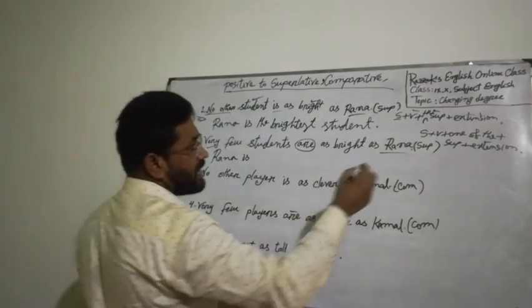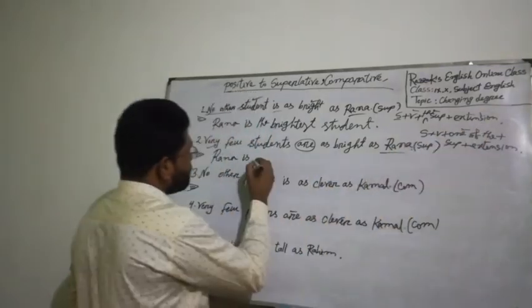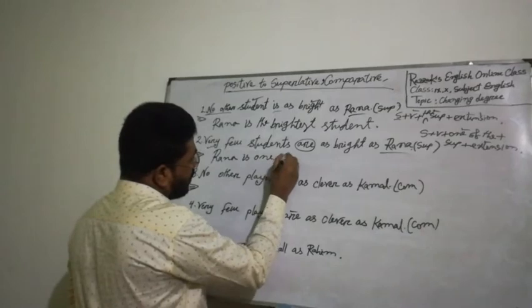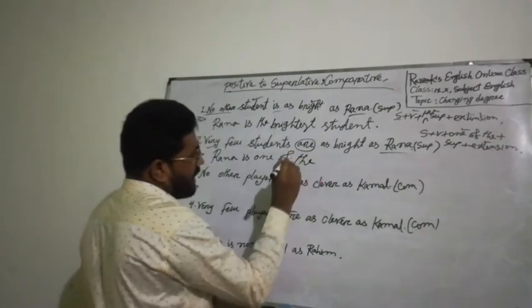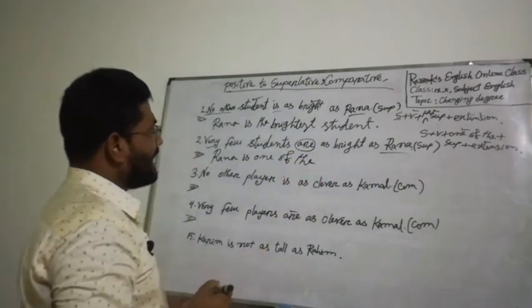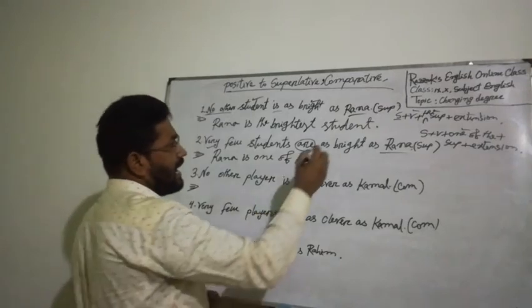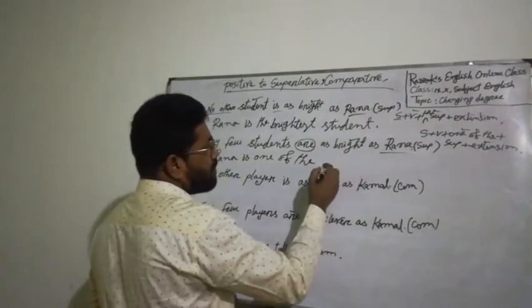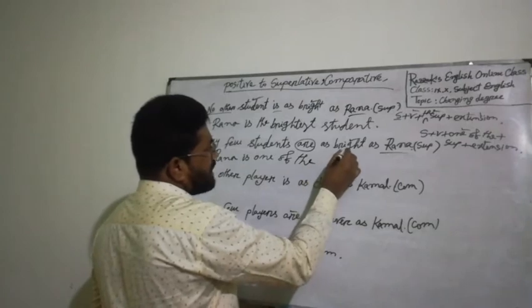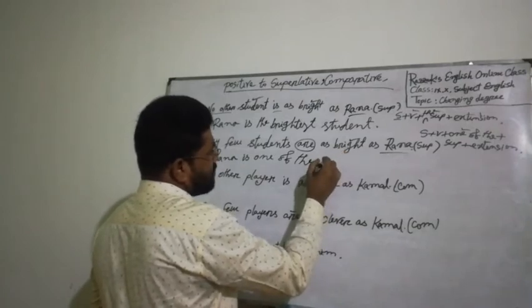Then you should write one of the. After that, you have to make the superlative degree of the positive degree. The superlative of bright is brightest.